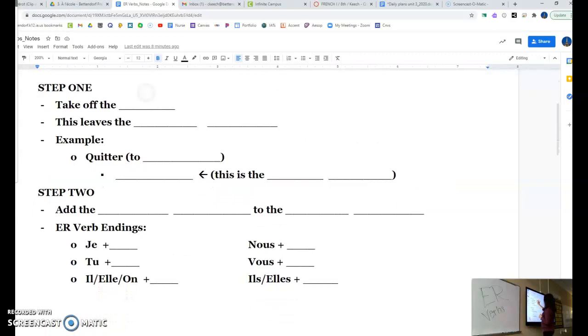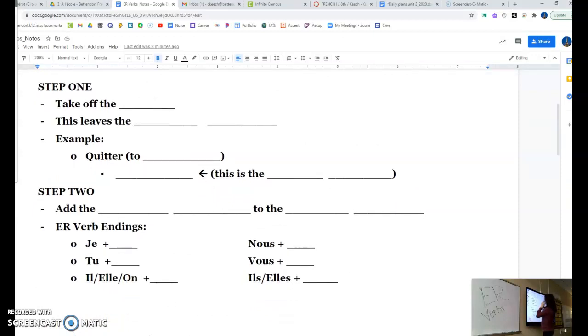The first thing you need to do in order to change all of these ER verbs for je or tu or il or elle or whoever you're talking about is take off the ER. This leaves what is called the verb stem.